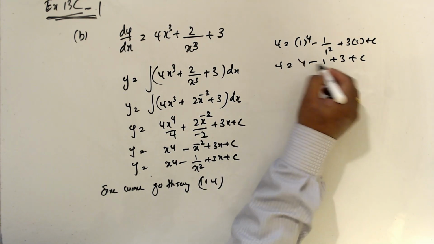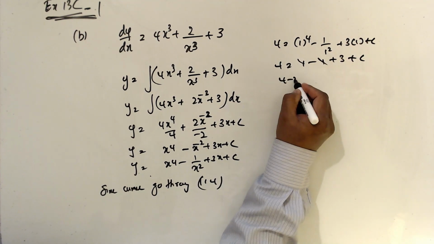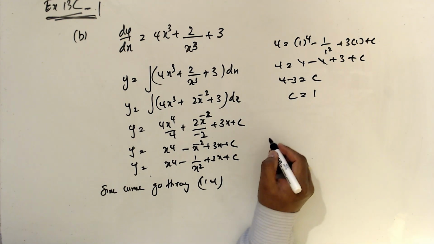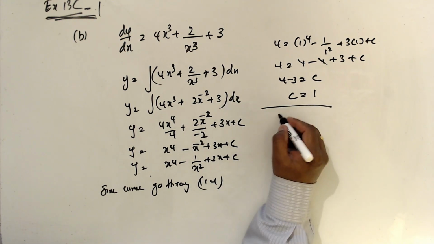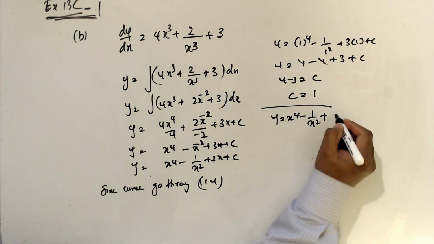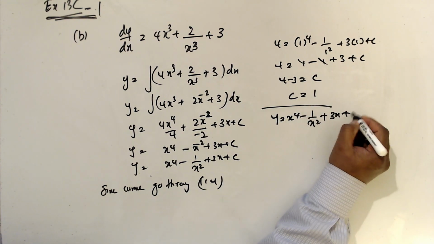So this 1 cancels out. 4 minus 3 equals c. c equals 1. Hence the curve is y equals x to the 4 minus 1 over x squared plus 3x plus 1. c is 1.